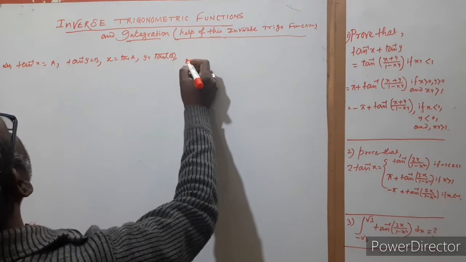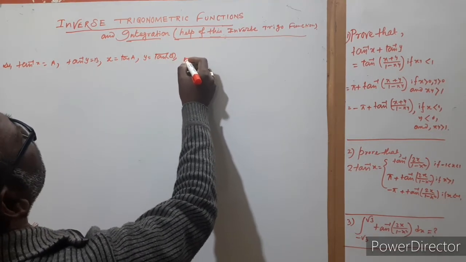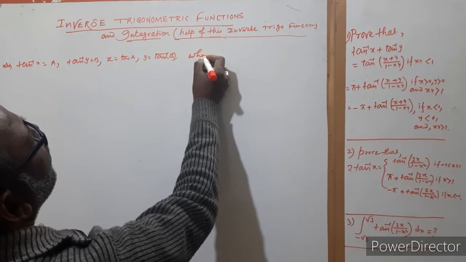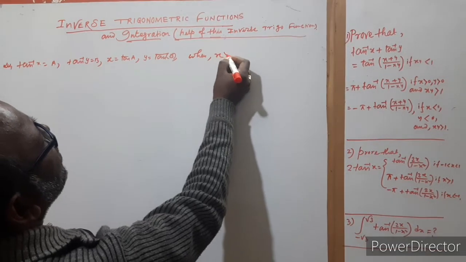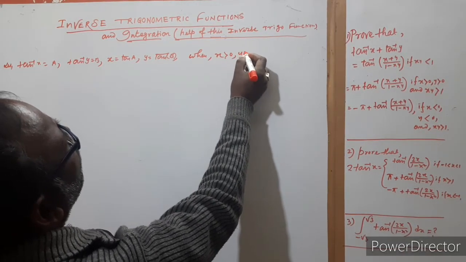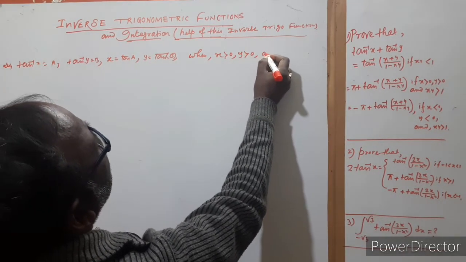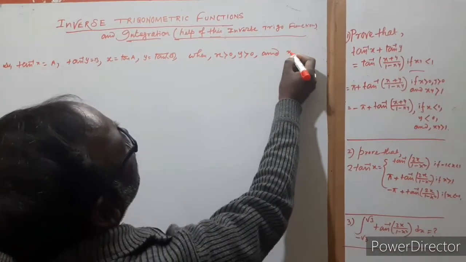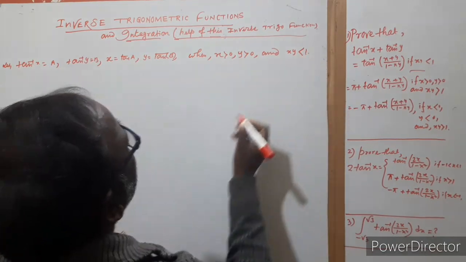Now when x is more than 0, y is more than 0, and xy is less than 1.